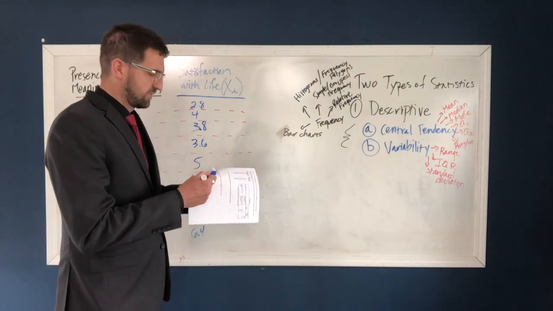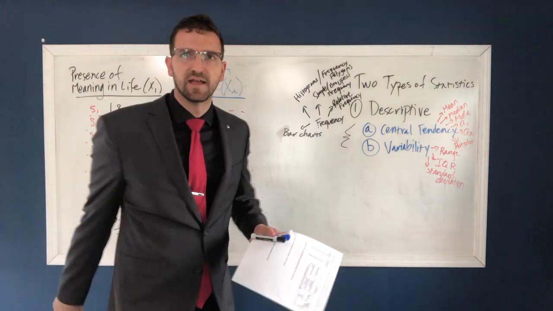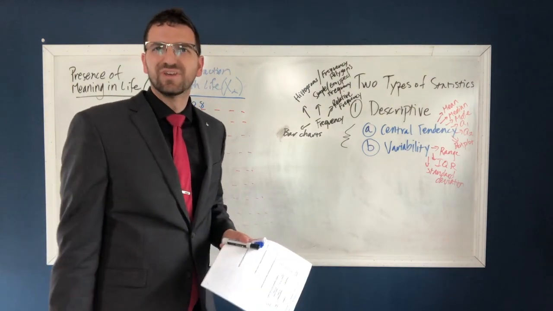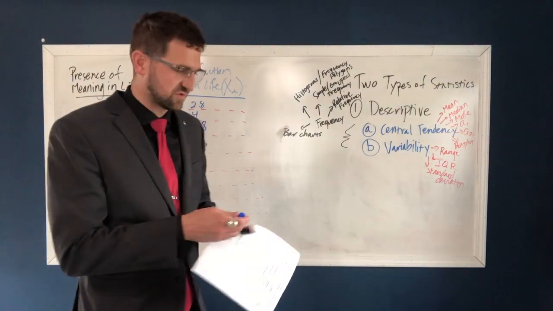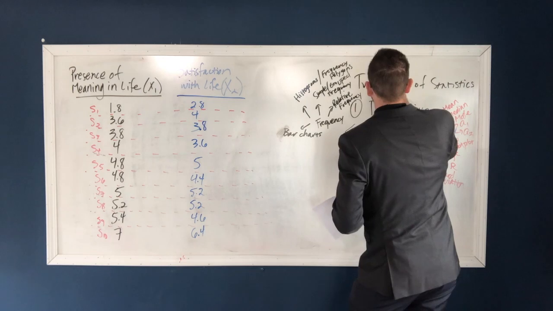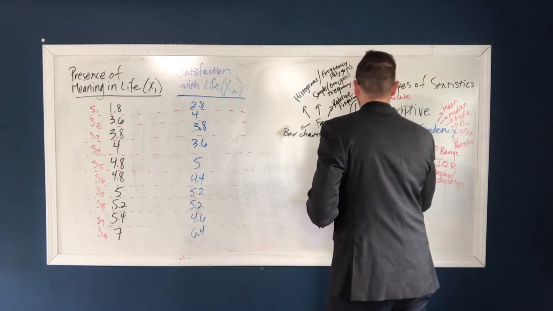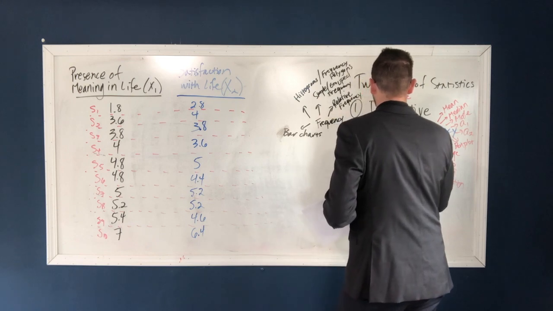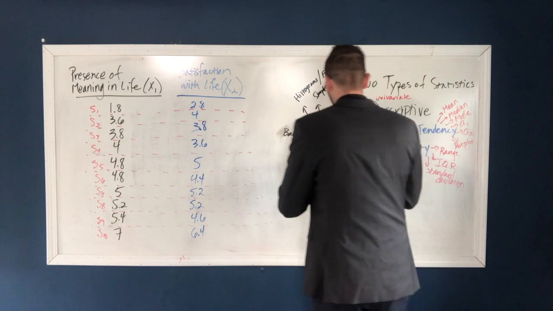Well, we took it a little further, right? And I believe I mentioned this in my last video, but you can have univariate or one variable descriptive statistics. But you know what? I'm just going to throw that in here. And then you can have bivariate.